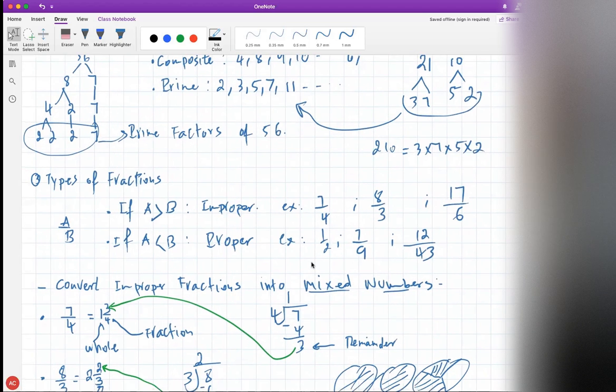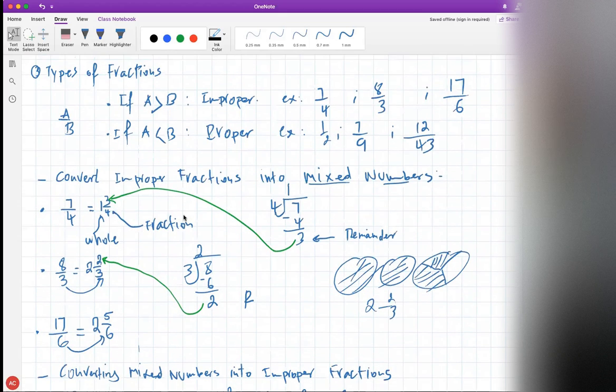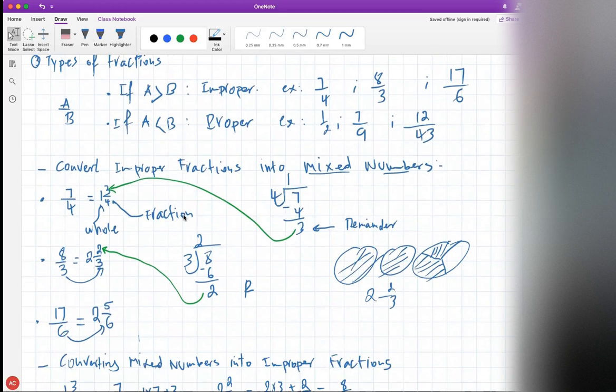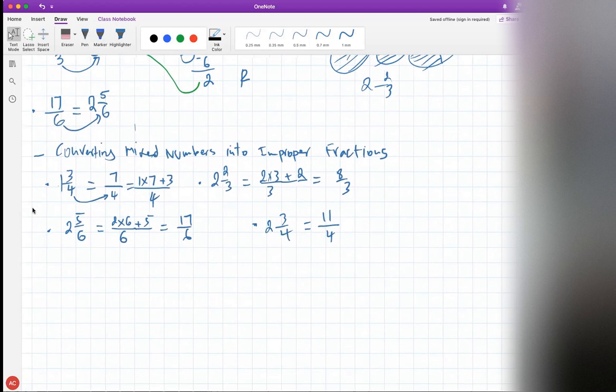Next, let's see how to apply some of this when we multiply and divide fractions. Let's start with number 4, multiplication of fractions.